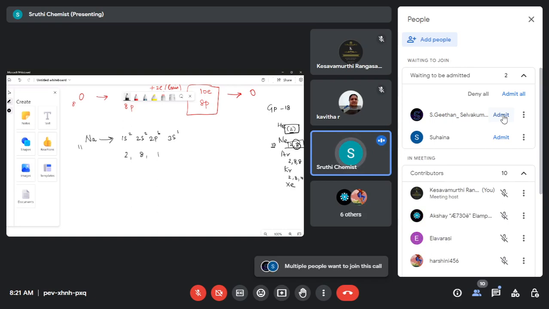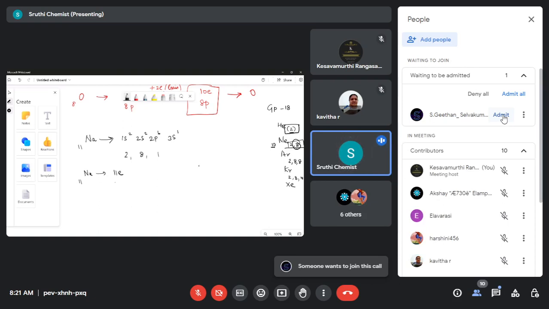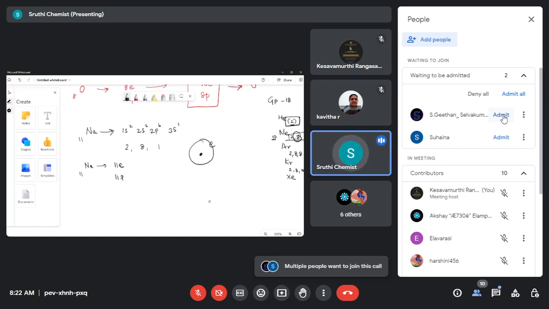But if you take sodium, the atomic number is 11, so it has 11 electrons and 11 protons. All the protons are located in the center of the atom, called the nucleus. Electrons are present in the orbits, but while placing electrons we have some rules.